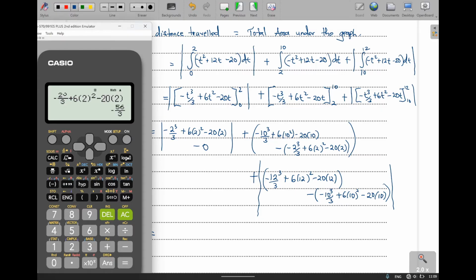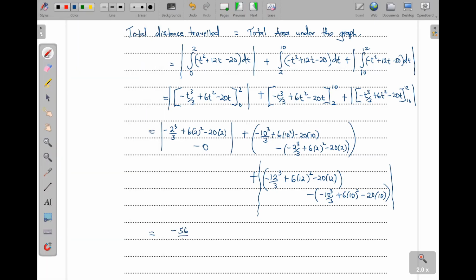This one gives me a negative answer, so negative 56 over 3. In the modulus, it will become a plus. Then plus here, of course, we are going to have minus, but then we have gotten this as negative 56 over 3. You get? For this one here.